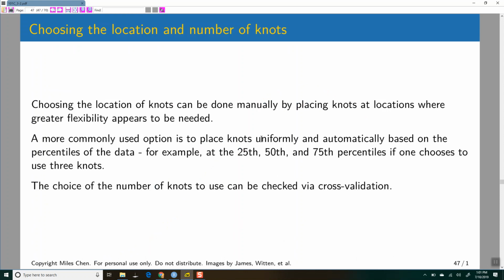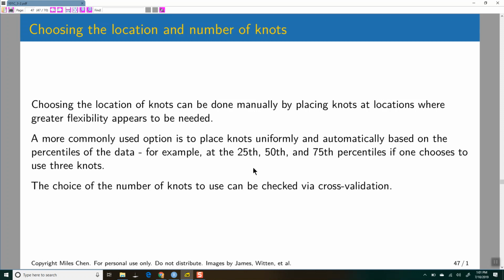Again, choosing the location and the number of knots is not straightforward. It's a little arbitrary. A common approach, and whether this is the right approach or not, I don't know, is to just place them at percentiles.